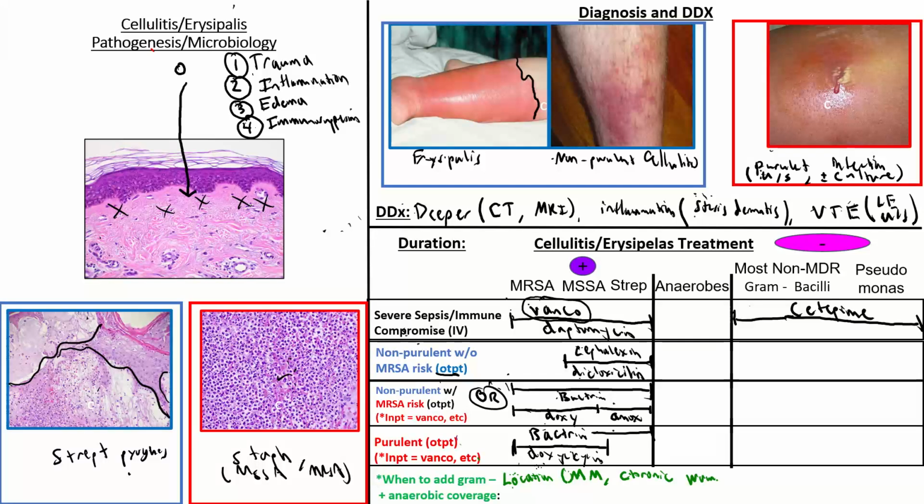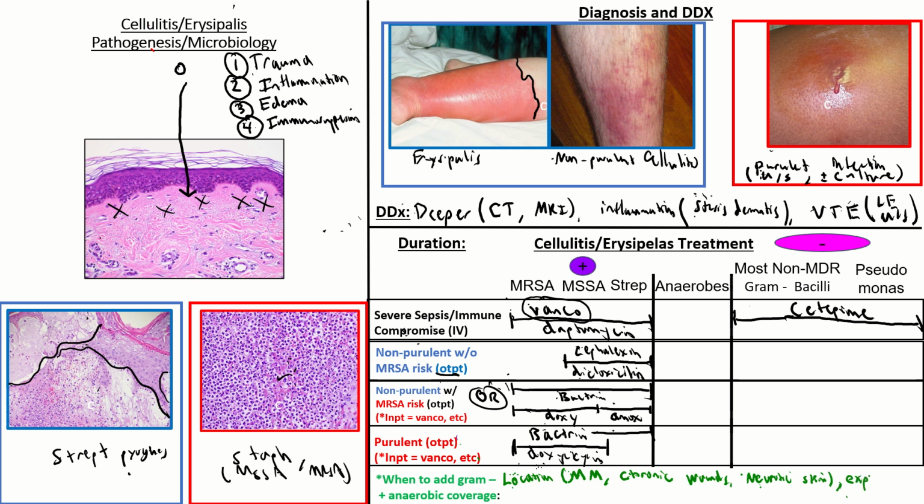So near chronic wounds would be an indication to cover gram-negatives and anaerobes. And then lastly, any necrotic skin near it. Now, if you do see necrotic skin, it definitely increases your suspicion for necrotizing fasciitis, but if you do have a cellulitis near some dead skin, you do need to think about gram-negative and anaerobic coverage.